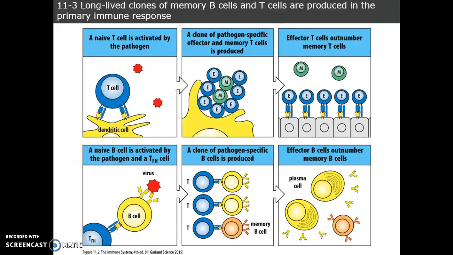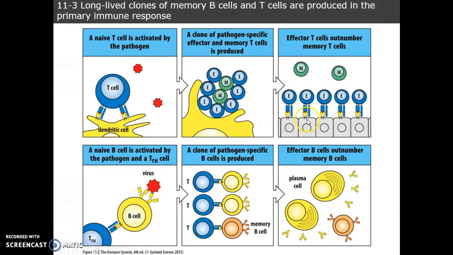All right, now for the real figure for section 11.3. The naive T cell is activated by the pathogen. You've got these clones of effector cells, and in the primary immune response, you have more effector cells than memory cells.